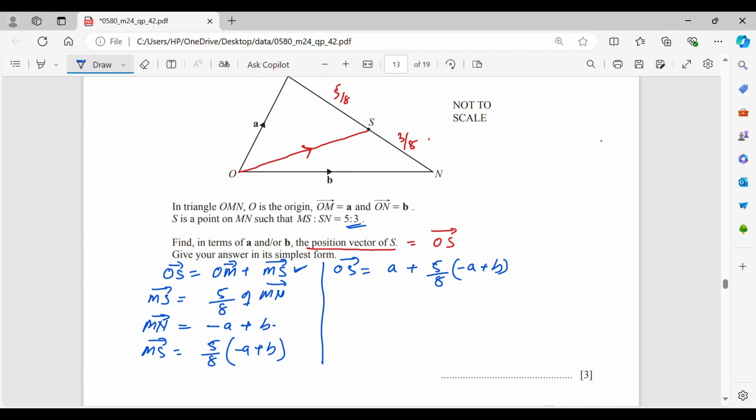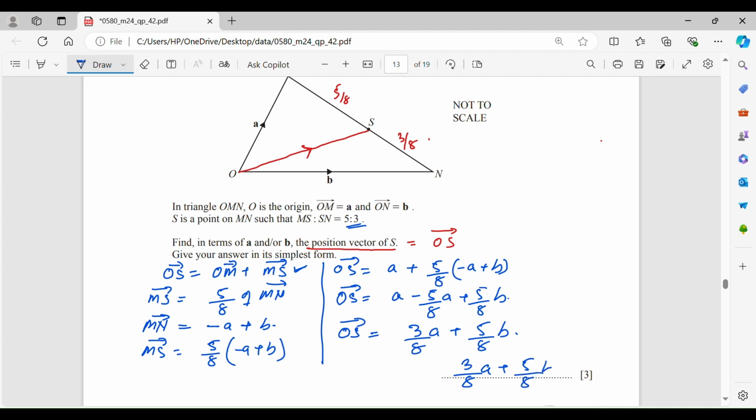So OS vector will be equal to A minus 5/8 A plus 5/8 B. Now 8 minus 5 is 3, so OS vector will be equal to 3/8 A plus 5/8 B. So this is our final answer, 3/8 A plus 5/8 B. Next part.